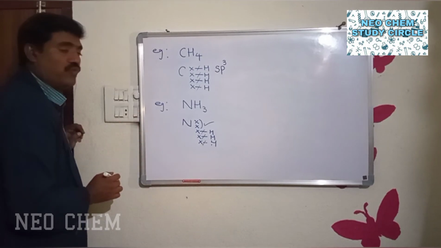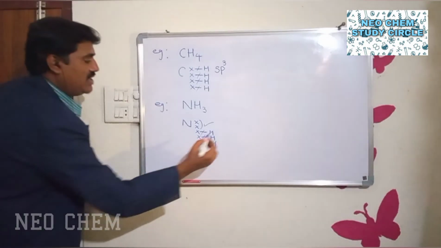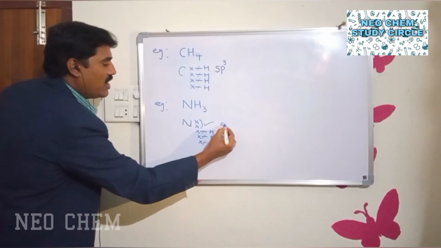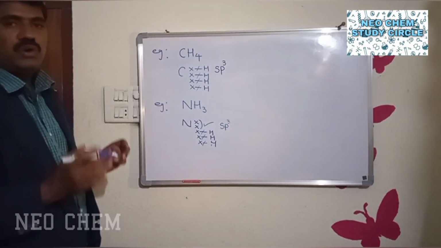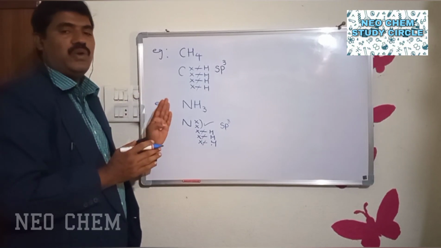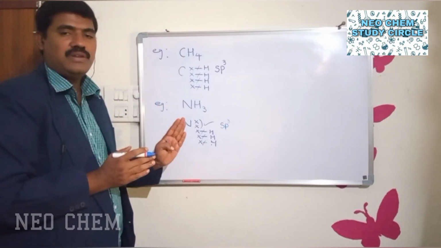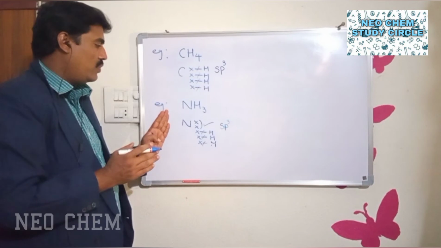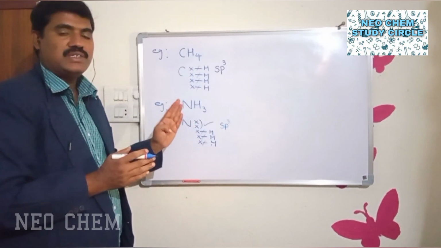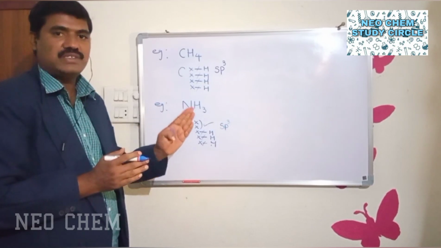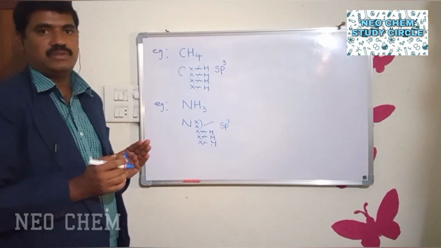Here also 4 sigma bonds are there. That's why the hybridization containing 4 orbitals is sp3. Don't forget, while identifying the hybridization, if you have any lone pair of electrons, you should consider each lone pair of electrons as a sigma bond.